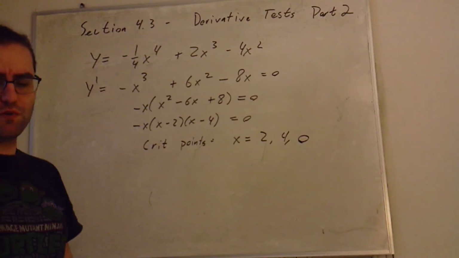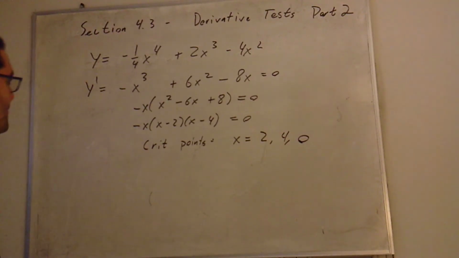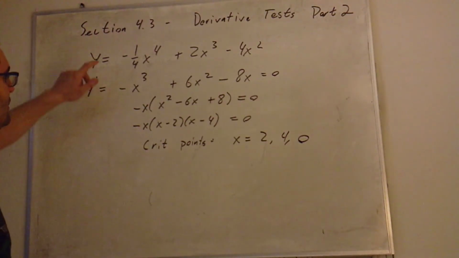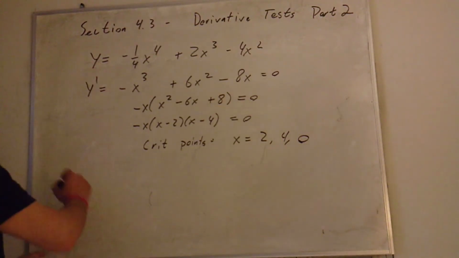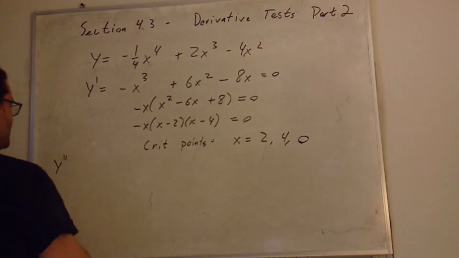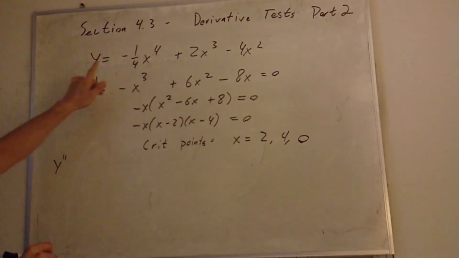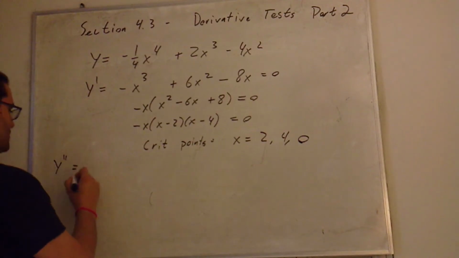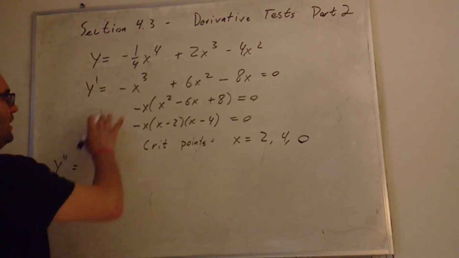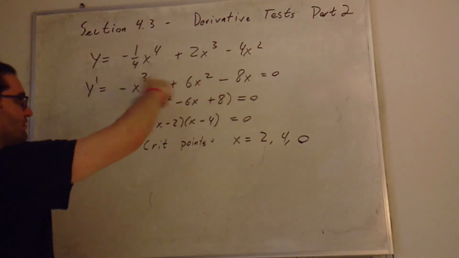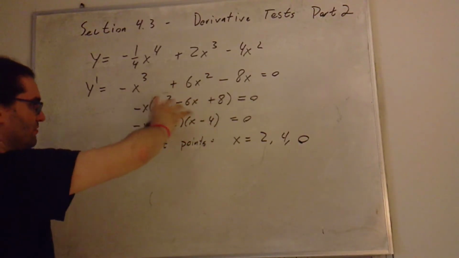To figure out which one is a maximum or a minimum, if we're going to use the second derivative test, I need to find a second derivative and then plug these values into it. I need to use the original first derivative, not a simplified or modified version of it.